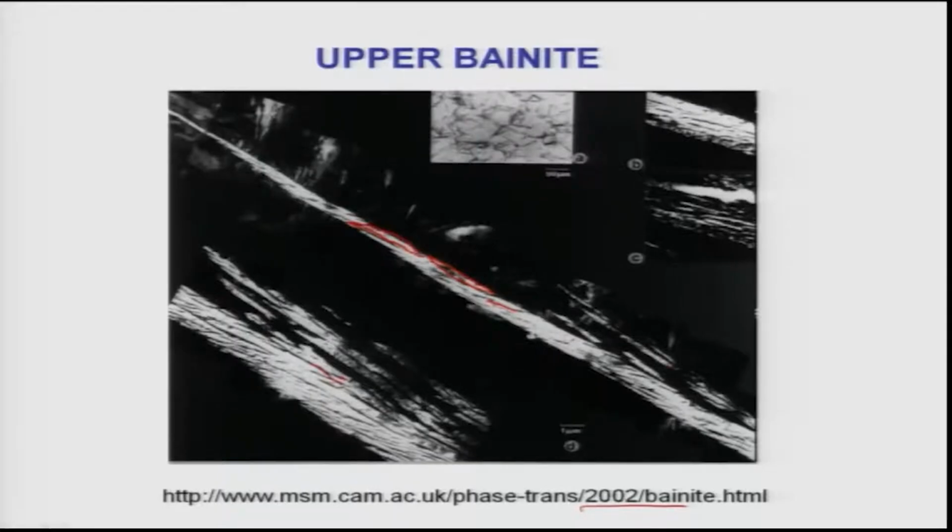It is very easy to see here, this is actually a needle, and on the sides of the needles you have precipitation of the carbide phase. But the lower one is shown here, this is just like a leaf, big bainitic plates, and in between the leaves you have cementite precipitates forming.